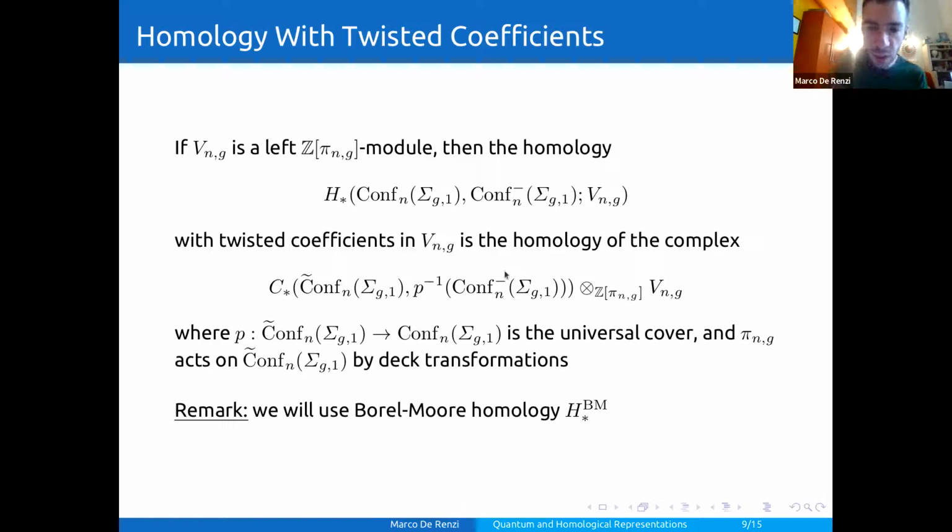And since these configuration spaces are not compact, because we are taking the nth product of Σ_{g,1} with itself, acting by permutation with a symmetric group, but first removing points which have pairwise equal coordinates, this is a non-compact space, and it will be important, at least for computations, that we use Borel-Moore's version of homology.